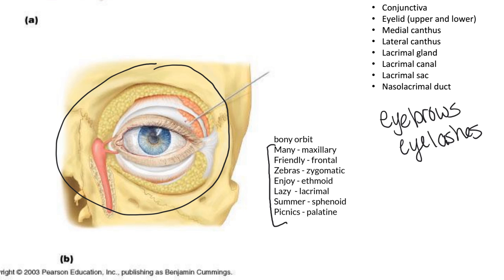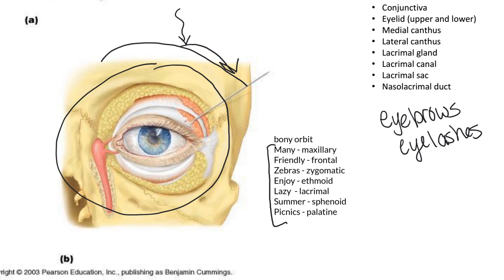Eyebrows in particular help protect us from sweat, right? Your eyebrows arch over your eye, and as the sweat runs down your forehead, they arch for a reason so that the sweat will run off to the side, angled out and away from your eyeballs. Your eyelashes also help with dust and trapping particles, keeping them from getting into your eye.